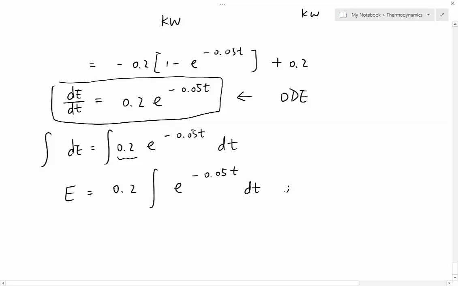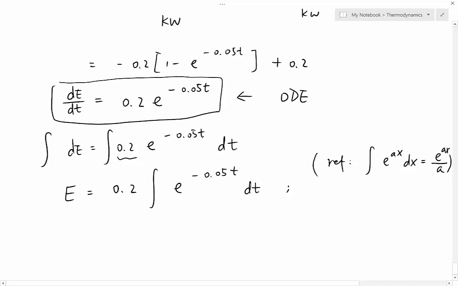This is pretty straightforward if you remember what you learned in calculus class. If you don't, this is the reference: the integral of e^(ax) dx is equal to e^(ax) over a. This is what you learned in calculus class.